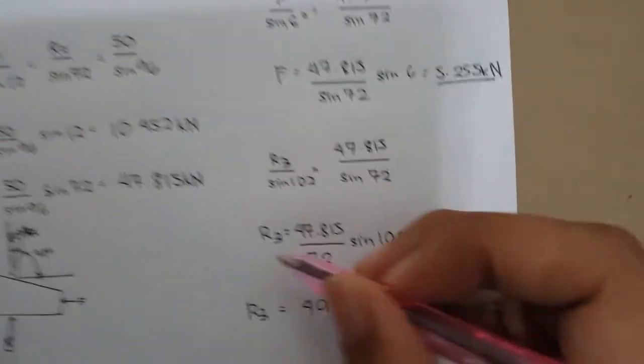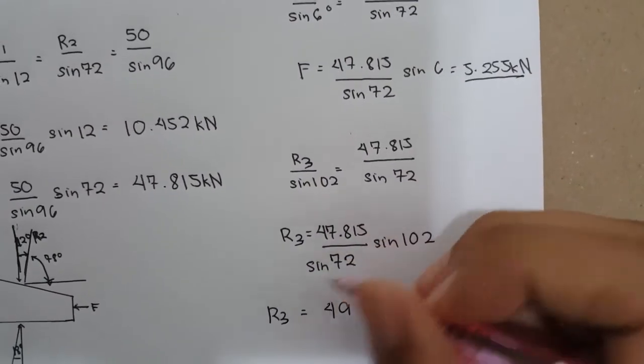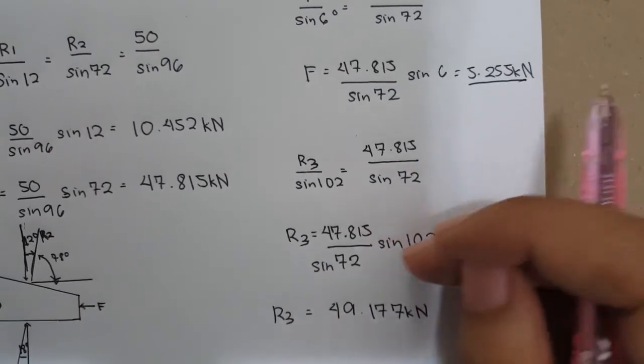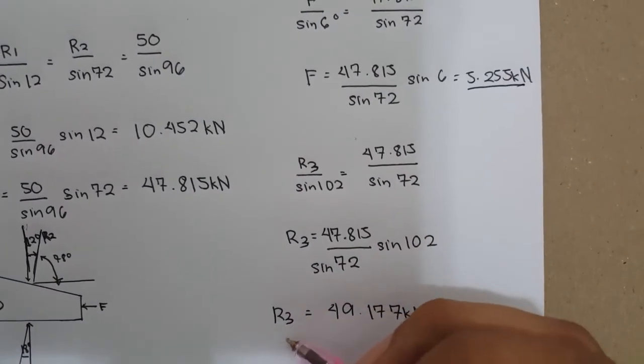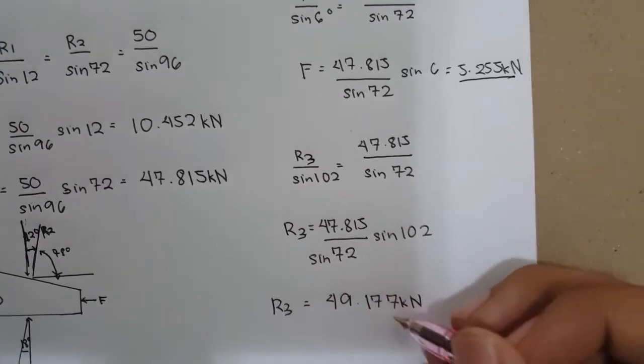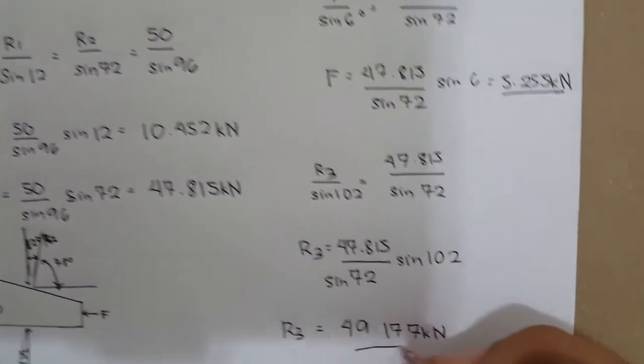So we'll have the solution R3 equals 47.815 over sine 72 times sine 102. And we'll be having R3 equals 49.177 kilonewtons.